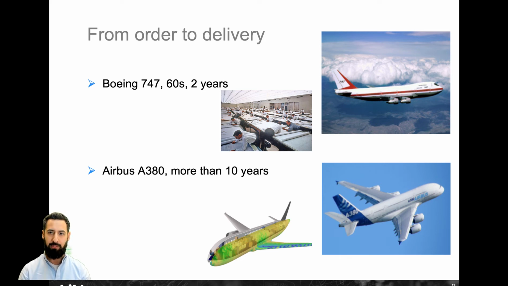One example which I really like to show is the example with two aircraft, for their times, disruptive technologies, the Boeing 747 and the Airbus A380. So when they were first ordered and delivered, for the Boeing 747, it took 2 years with analog design tools, and for the Airbus A380 it was more like 10 years, which is very, very weird.